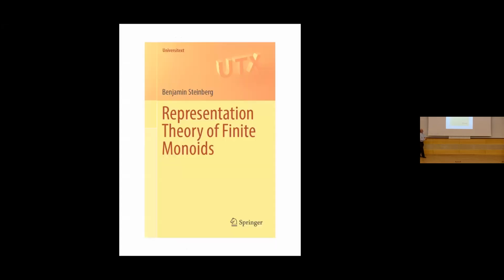Another great book to read is Ben Steinberg's book on representation theory of monoids. I hope you get a little taste that finite monoids are not as strange as they seem. And then there are two more books that came out in the last year by Edward and Jim, Topics in Hyperplane Arrangements, which has this kind of stuff and generalizations.